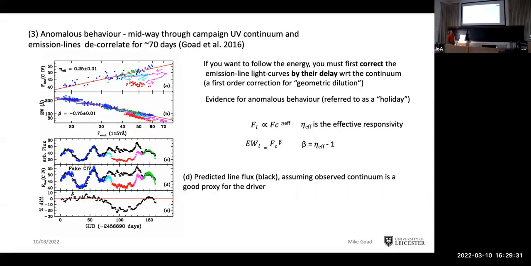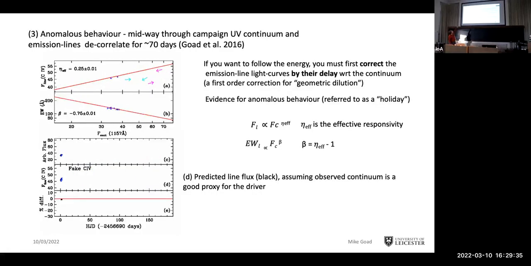It leaves the main relationship. So if you look at these linear relationships shown up here, the linear on a log scale, midway through the campaign, it leaves this main relationship and does something completely different. Okay, it just sits around not doing very much, so not responding very much.